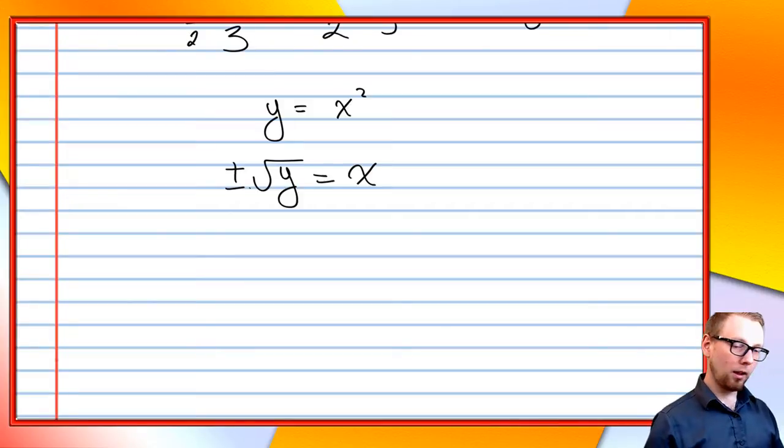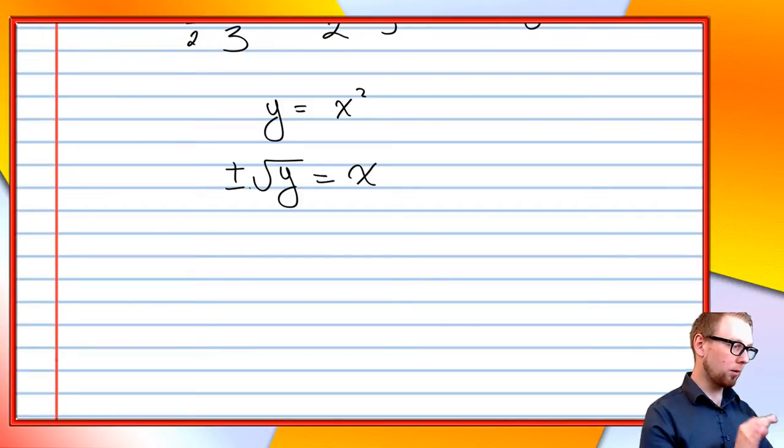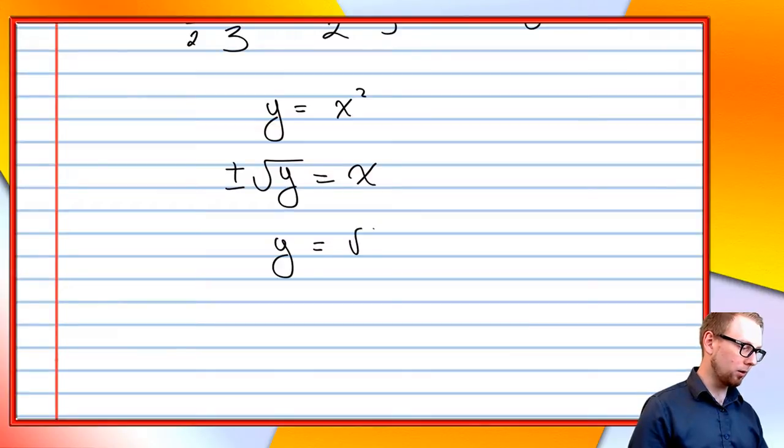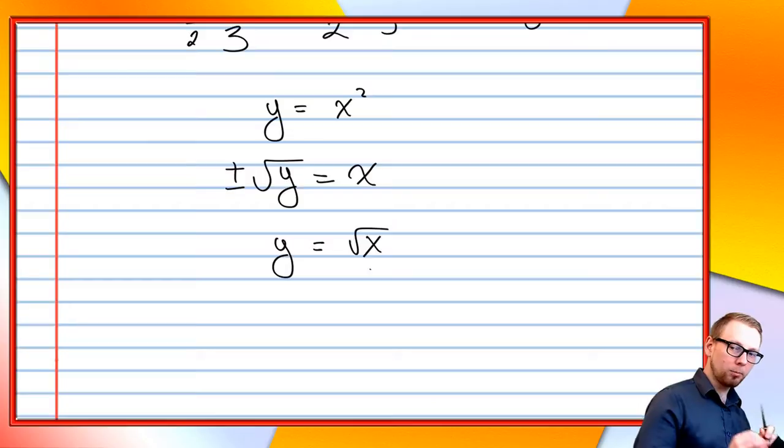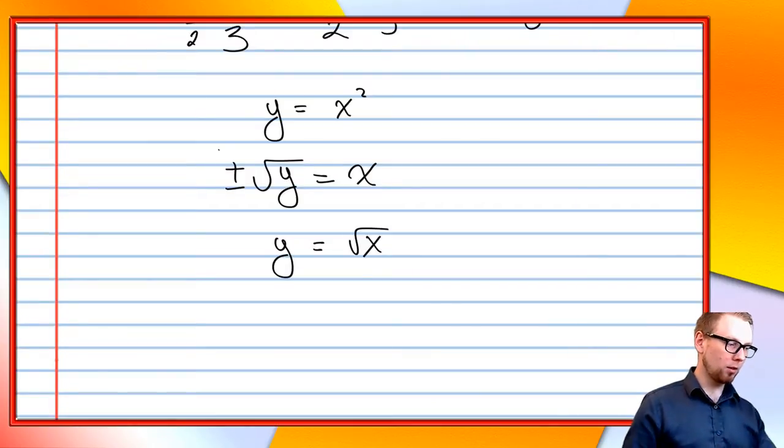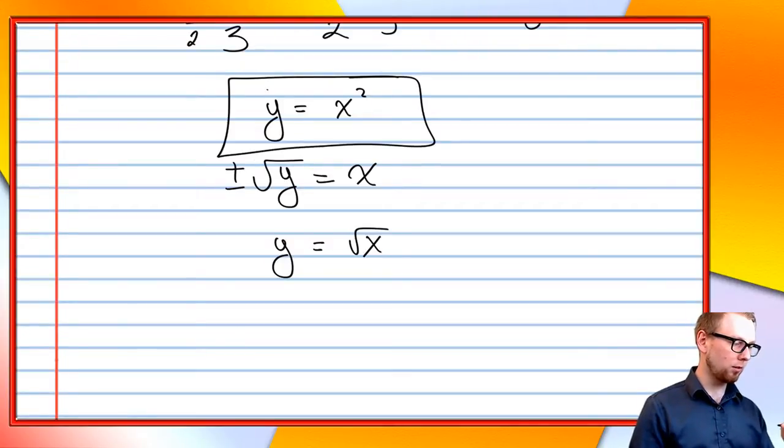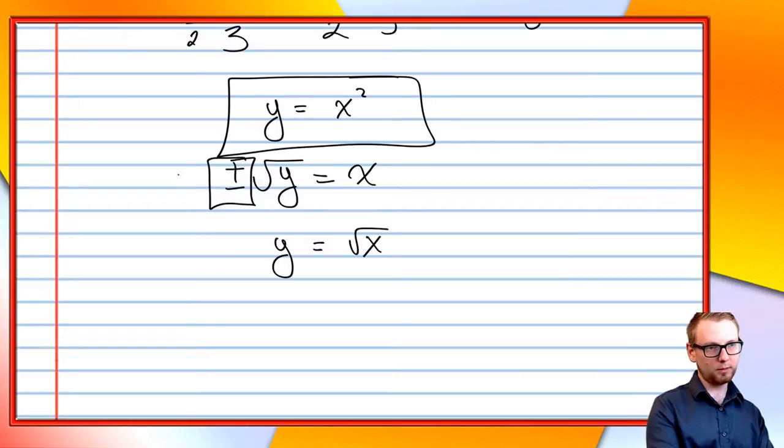Okay? If instead of saying y equals x squared, we start with y equals the square root of x, we are only interpreting the positive portion. If we start with y equals x squared and square root it, we have both a positive and a negative portion.